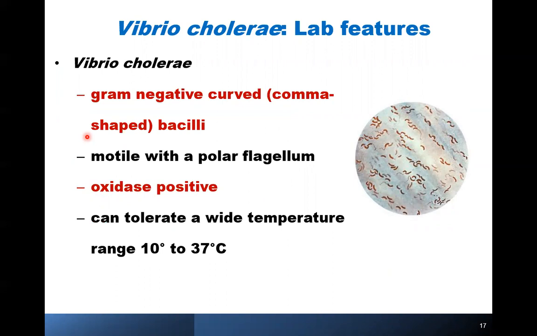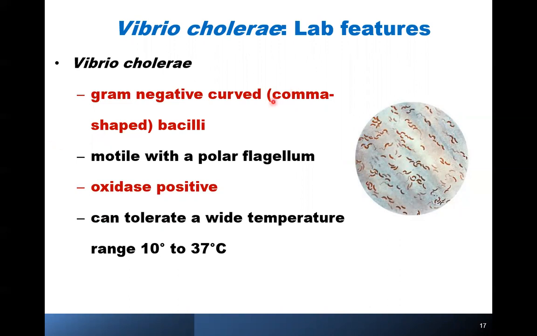You are not going to wait for my results to start treating the patient. Do you understand? So when samples are sent to the lab, it's mainly from the public health perspective. We need data to find out which particular serogroup is responsible for this current outbreak. It's not required for patient management. Is that clear?